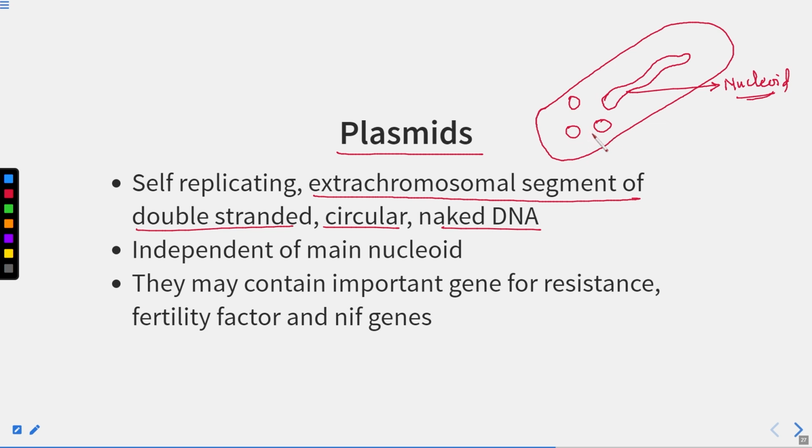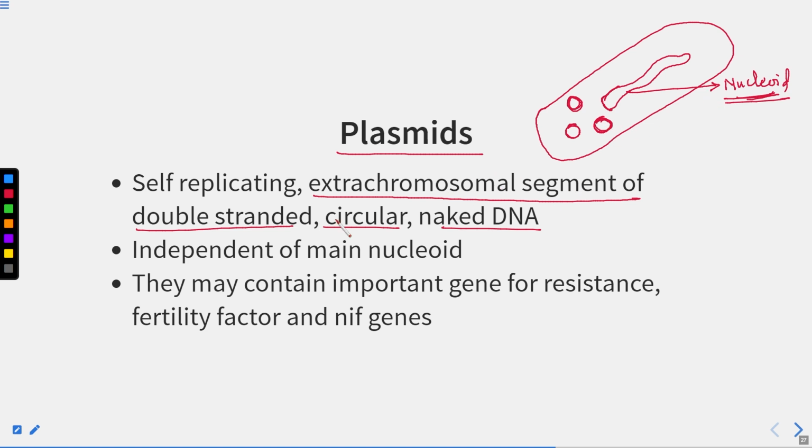Self-replicating extra chromosomal segment means this is the chromosomal segment, and they have a small circular DNA structure like this. They do not require the single circular DNA, that is the main chromosomal DNA of the bacterial cell, the nucleoid. They do not require anything from that, right?